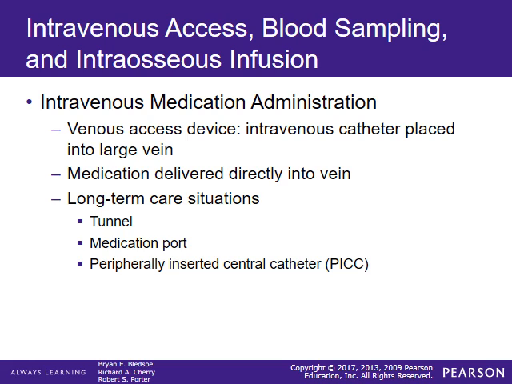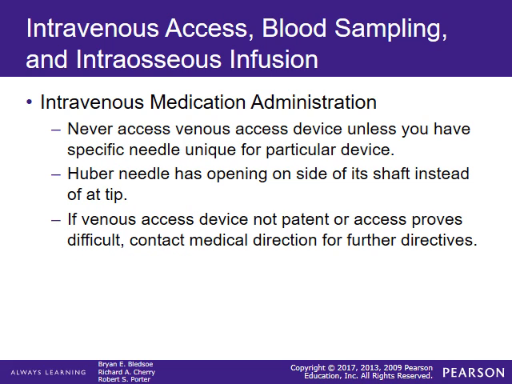This is for long-term use and generally for medication to be directly injected into a larger vein. These are usually long-term care situations and provide a medication port that is continually available to use by either the patient or clinical providers without continually poking new holes in different veins to administer medication.